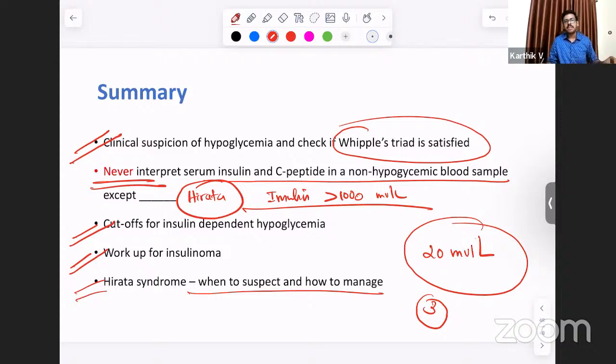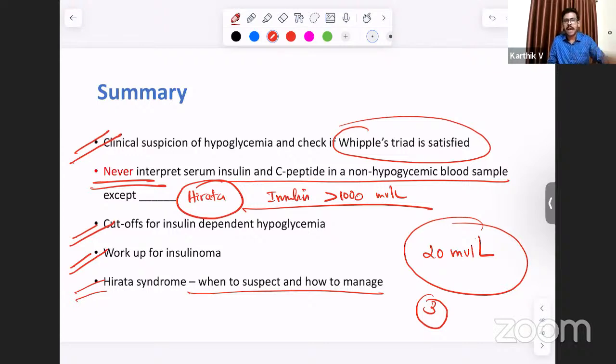Somogyi phenomenon means the patient, due to excessive administration of basal insulin at night, especially basal insulin with a peak like NPH insulin, develops hypoglycemia at around 2 a.m. or 3 a.m. Due to the episode of hypoglycemia, there will be a counter-regulatory hormone surge resulting in hyperglycemia in the morning, 5 or 6 a.m. So both Somogyi and Dawn phenomenon would present with fasting hyperglycemia, and by looking at the 3 a.m. blood glucose, if it is low, then the diagnosis is Somogyi.